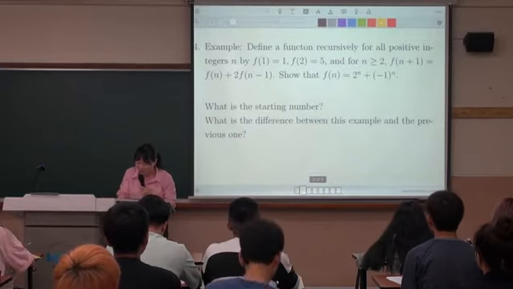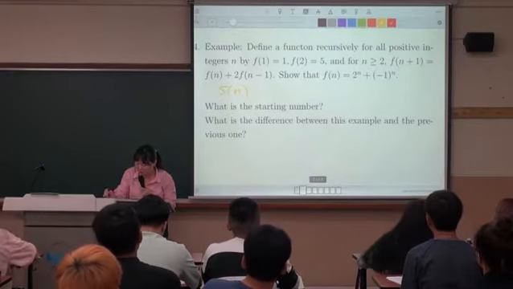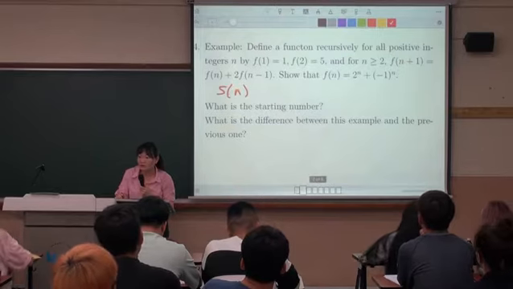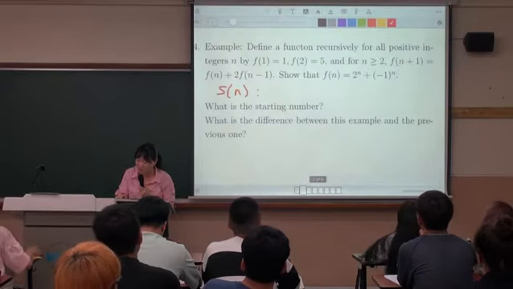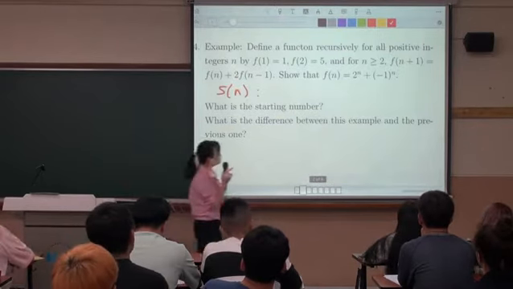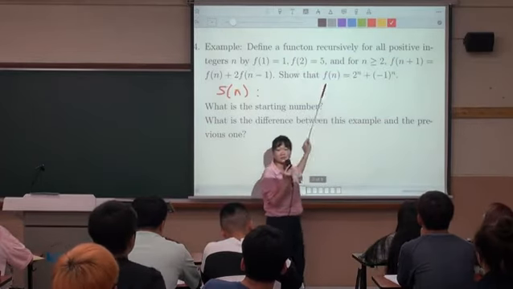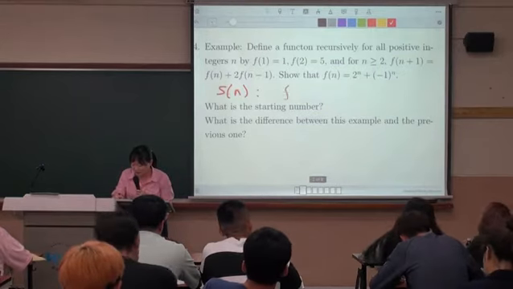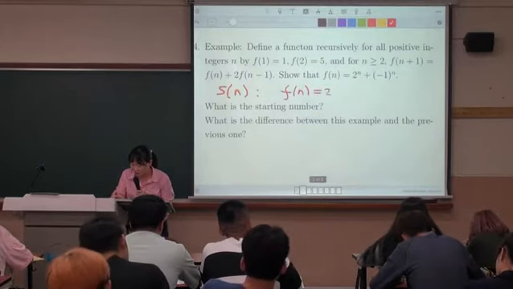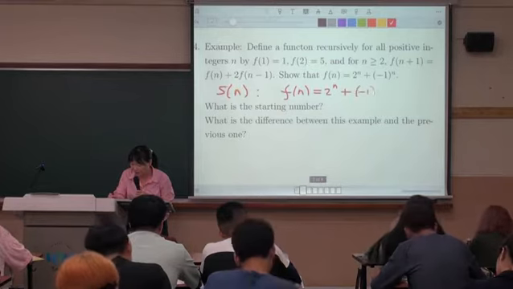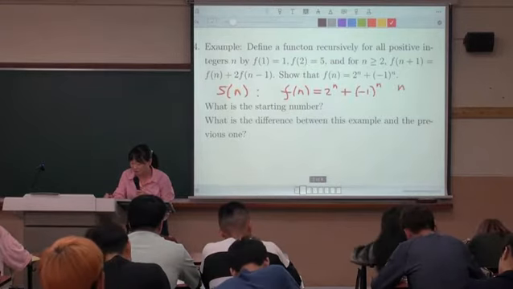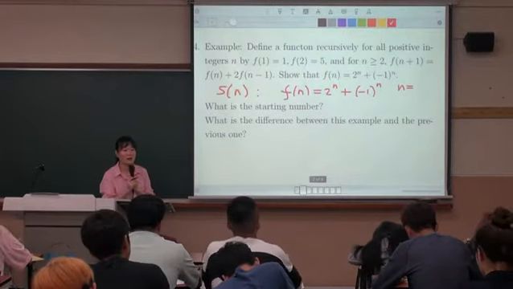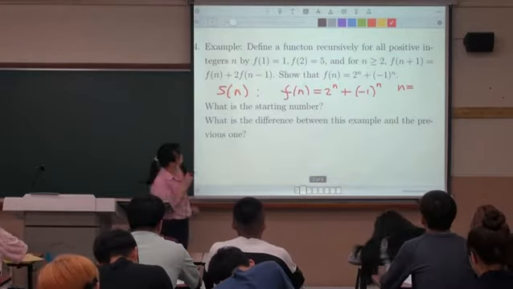So what is S of n for this one? What's the statement concerning n? What do we have to show? This is what we show, right? So S of n is f of n is 2 to the n plus minus 1 to the n. From where?